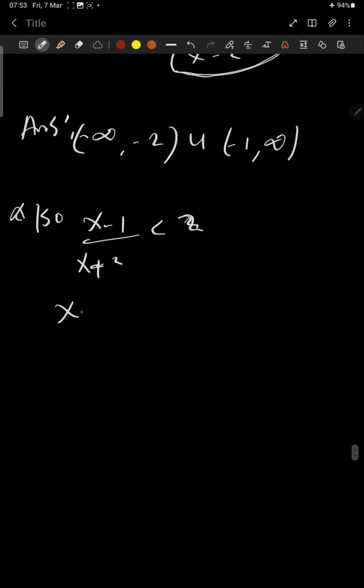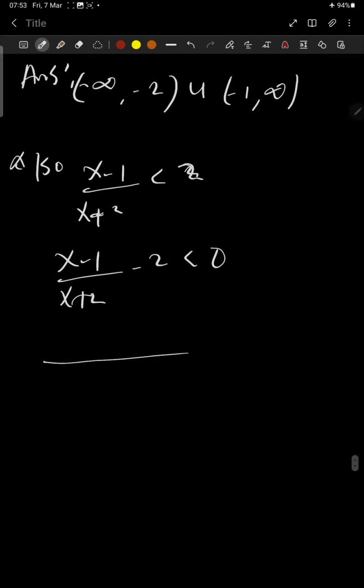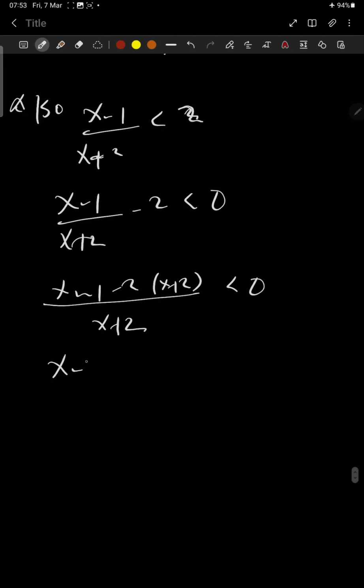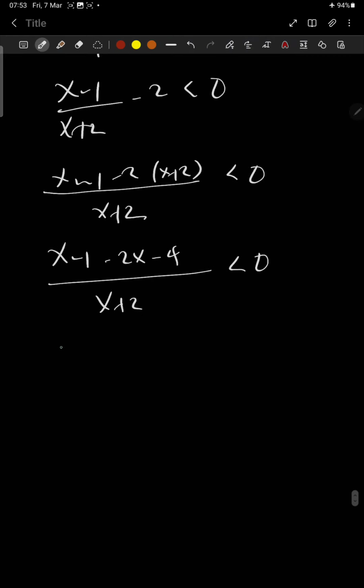Then the 2 will go this side. Then I'll make it a single fraction. So I'm going to have x minus 1 minus 2x minus 4 over x plus 2 less than 0. So this will be negative x minus 5 over x plus 2 less than 0.